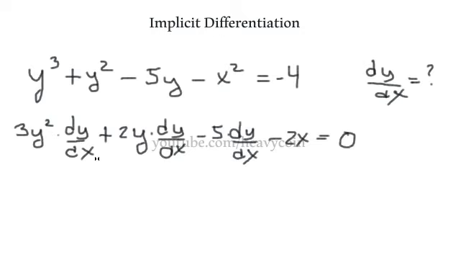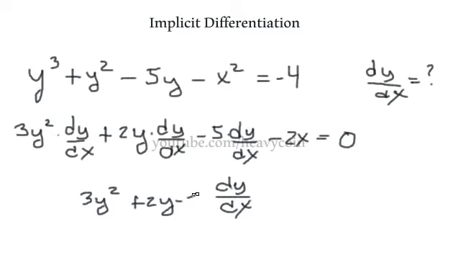So now what we want to do here is factor this dy dx out. Okay, and we're going to be left with 3y squared plus 2y minus 5. And I'm going to go ahead and take this 2x to the other side.